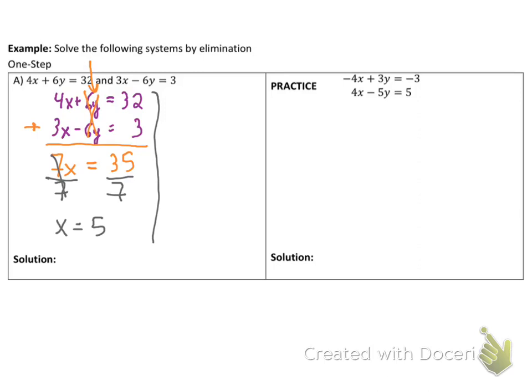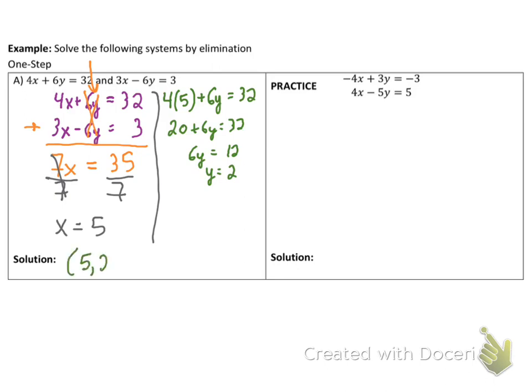So if I do the first equation, I got 4x, but instead of x, I'm going to plug in 5, plus 6y equals 32. Well, 4 times 5, that's 20, so 20 plus 6y equals 32. Subtract 20 from both sides, so I get 6y equals 12, or y equals 2. Okay, so the ordered pair solution here is (5, 2).